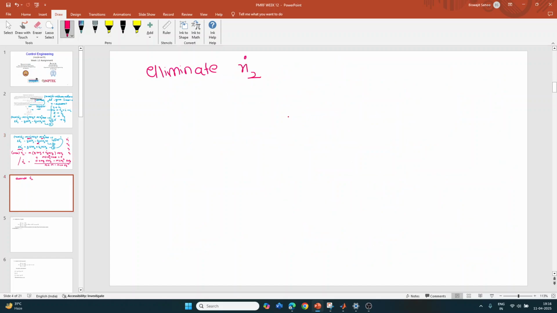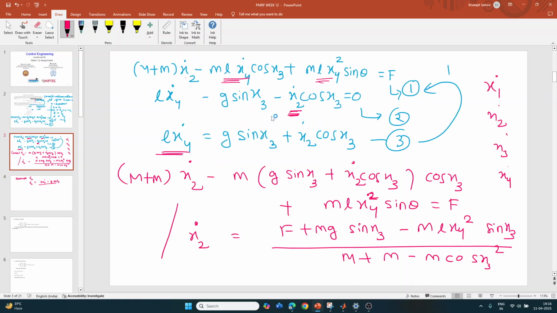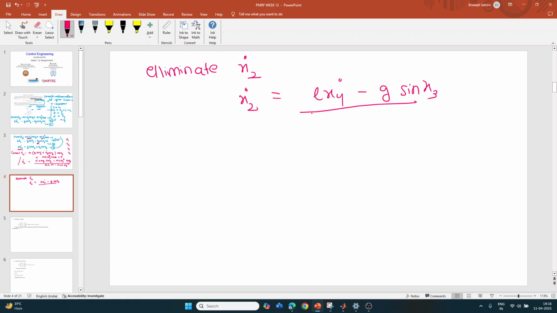Okay, this should be x2 dot equal to lx4 dot plus g sin x3 divided by cos x3. Then this x2 dot again put back in equation number 1.